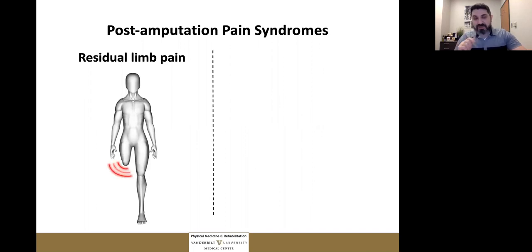A lot of the time it's just nociceptive pain, so a strained or damaged structure in the actual residual limb, and we'll see what some of those causes might be. Don't forget though, they may say, and it burns, it burns right here. It doesn't refer down to the phantom, but it can have neuropathic qualities to it.